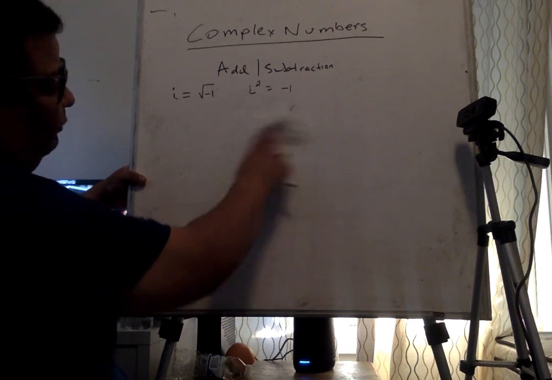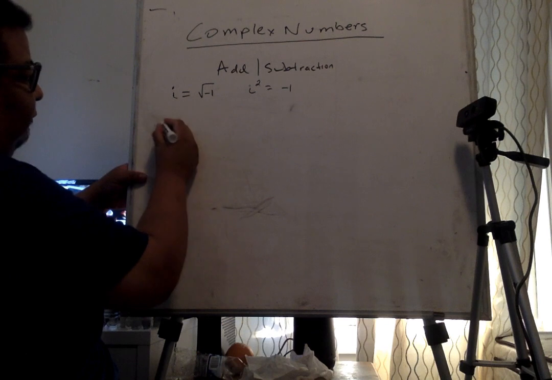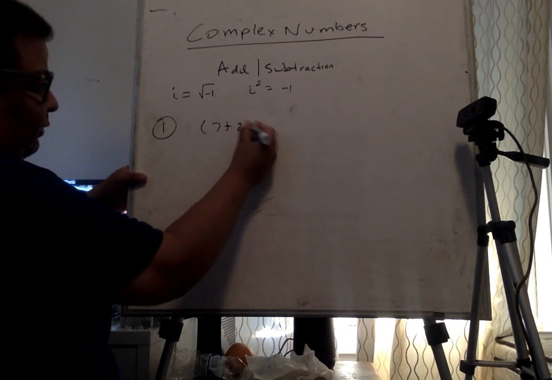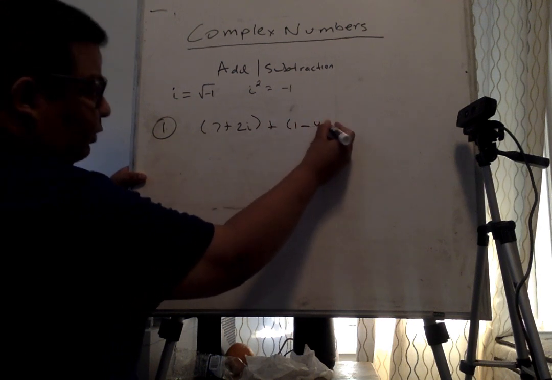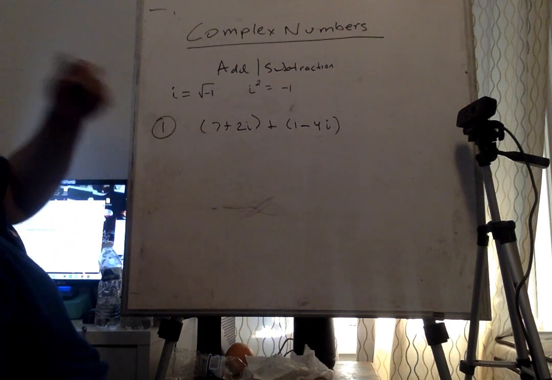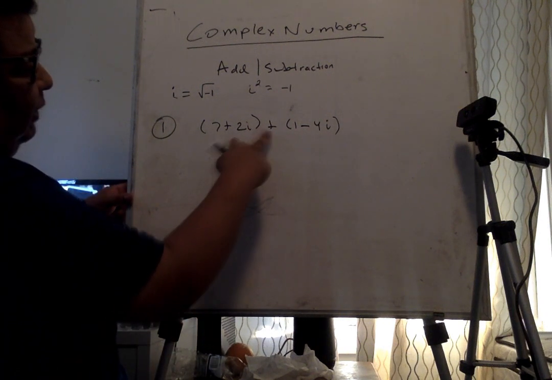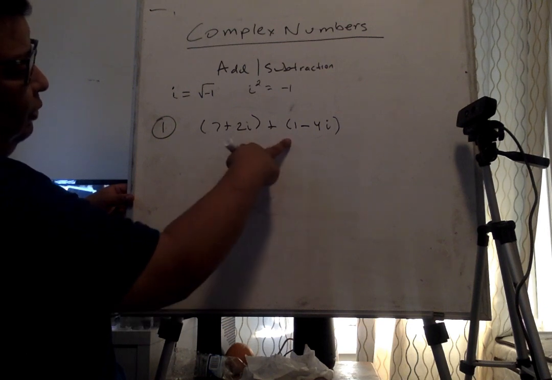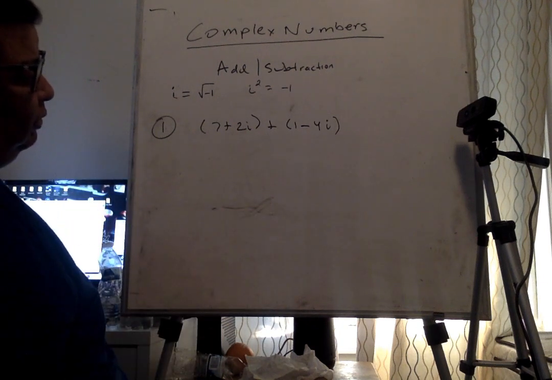We're going to look at 4 different problems. The first one: 7 plus 2i plus 1 minus 4i. The way you do it is that you combine the real numbers. When you add complex numbers, you add the real parts and then you add the imaginary parts, and then together they form the final answer.